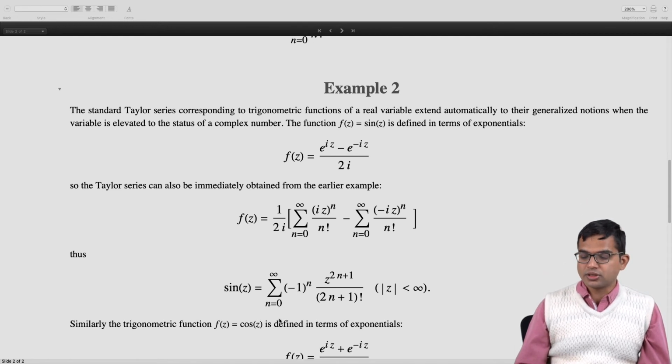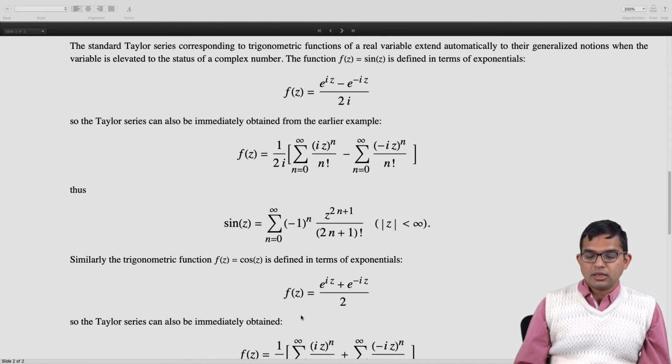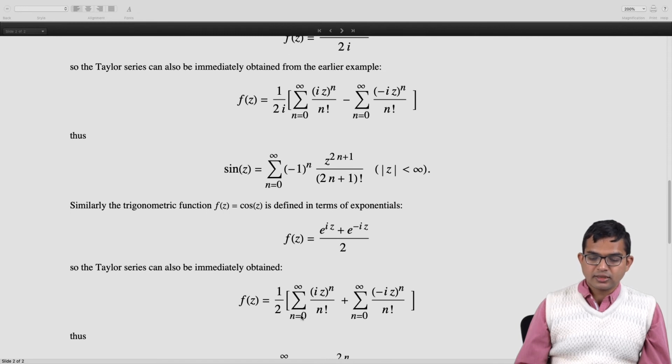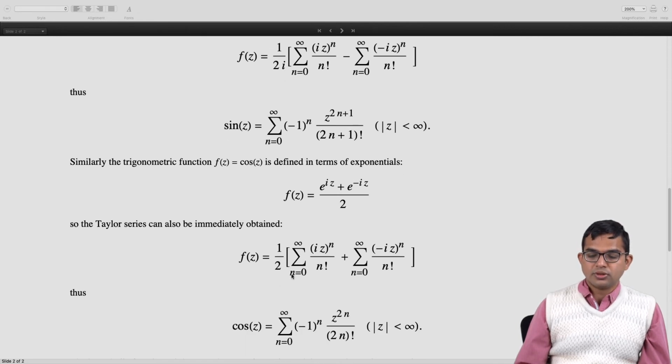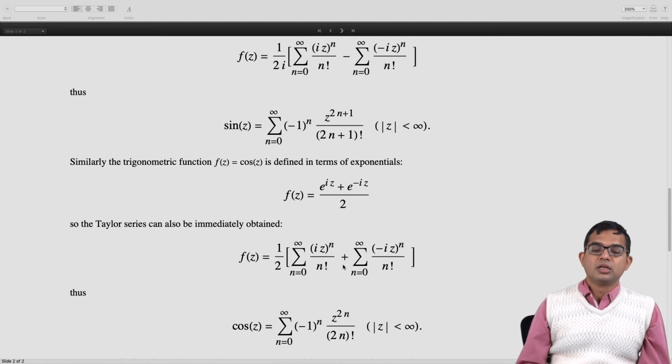And likewise, cosine of z, you can check directly from first principles, from the definition of cosine of z as the sum of these exponentials, again the sum of these two different series, and then you get cosine of z equal to the summation over n of minus 1 to the n z to the 2n divided by 2n factorial. Once again, it's an entire function, so for mod z less than infinity, it's going to be convergent. You can also shift the point about which the expansion is considered to any other finite z naught in the complex plane.